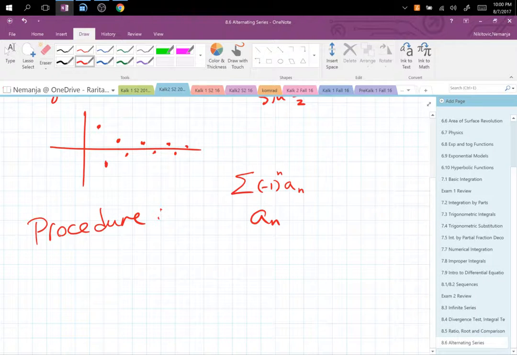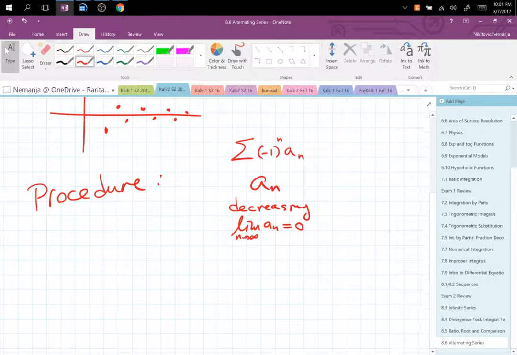You take the a_n term into consideration first, and it has to fulfill two conditions. a_n needs to be decreasing, and the limit needs to be 0. You are going to have a yes branch and a no branch.